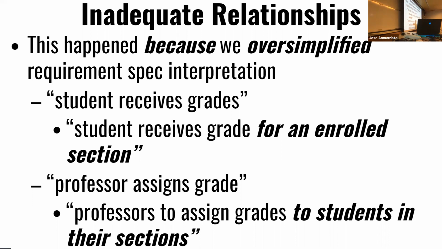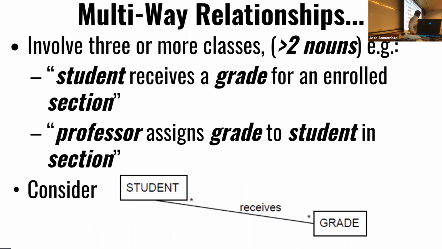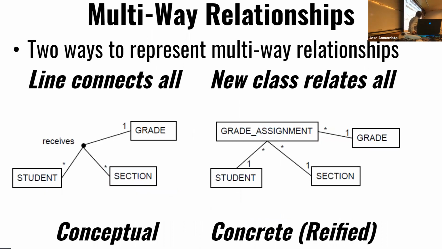But actually, the full sentence might have read something like student receives a grade for an enrolled section. So now we realize that it's a three-way relationship as opposed to a two-way relationship. Same thing with professor assigns a grade. It's actually a professor assigns a grade for a student for their particular section. So if you reread the sentence, you realize that instead of being student receives a grade, it's actually a three-way relationship: a student, section, and a grade.